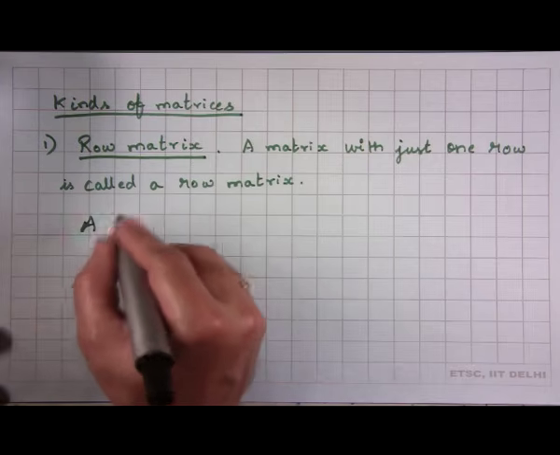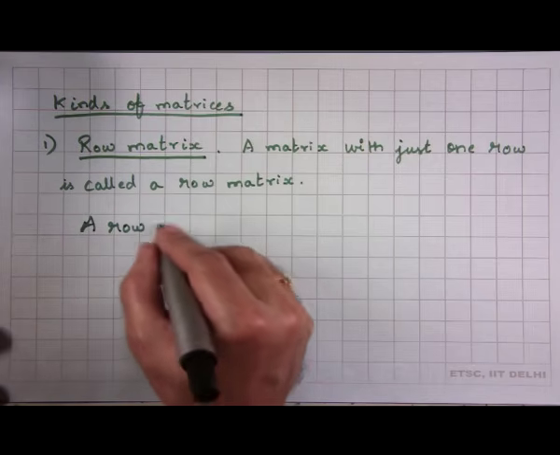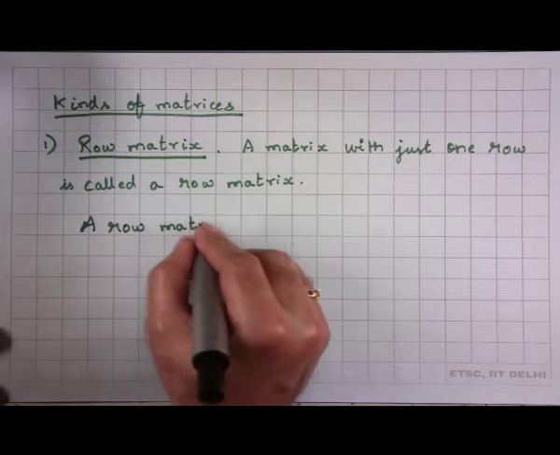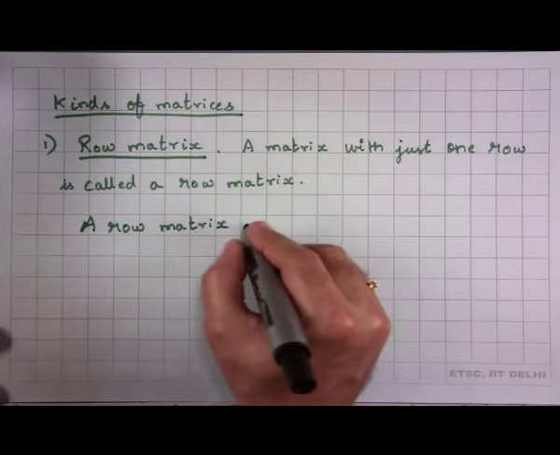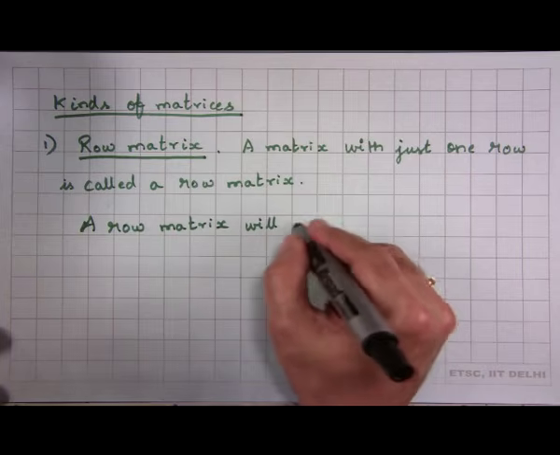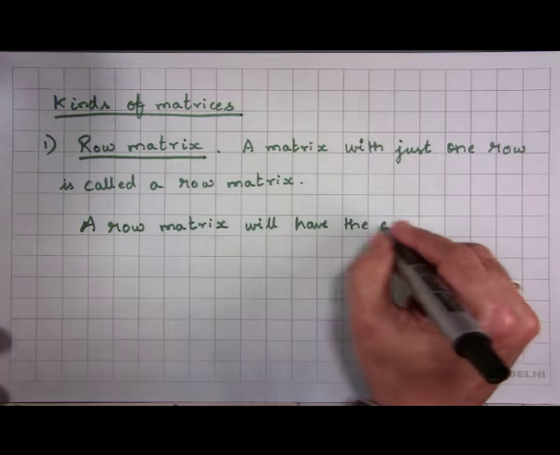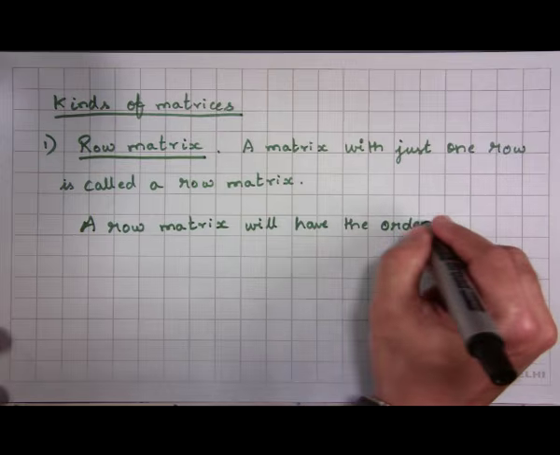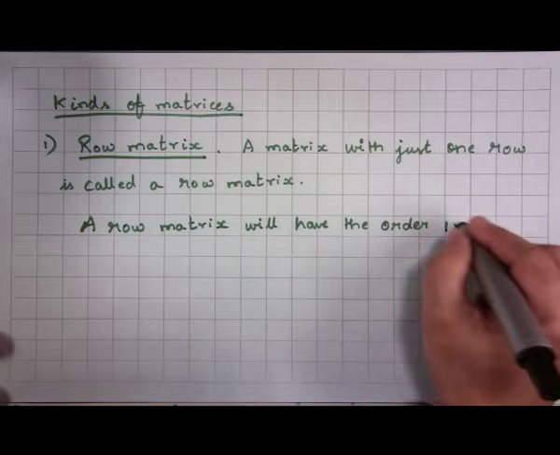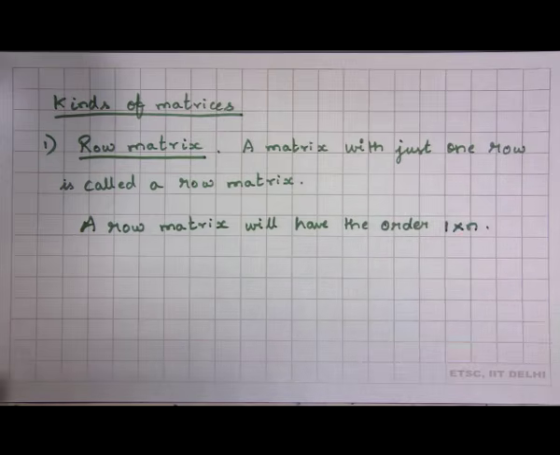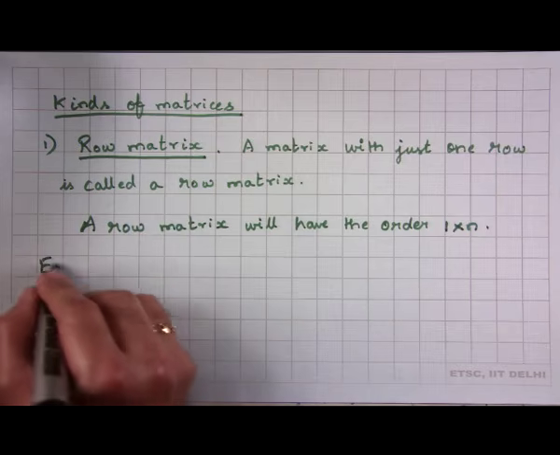A row matrix will have the order 1 by n, where n is the number of entries in that row. So, let us look at an example.